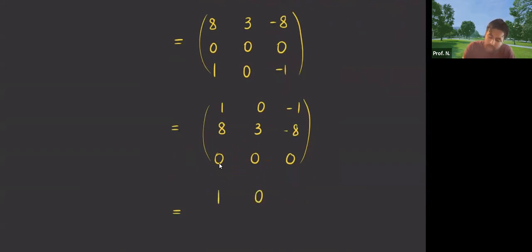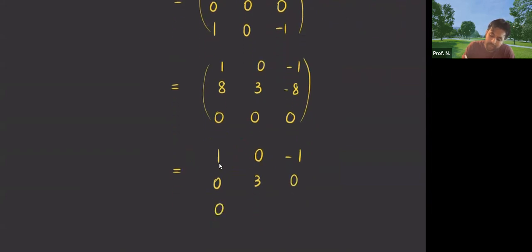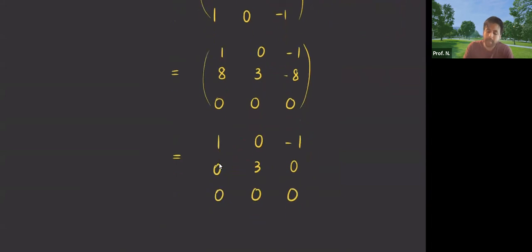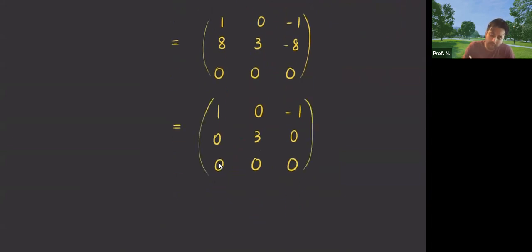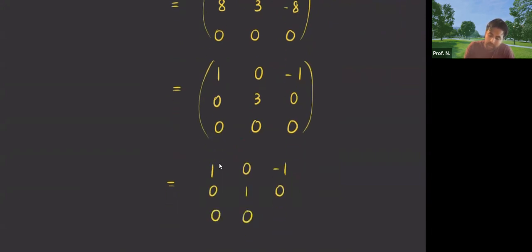So this is 1, 0, -1. This is 0. This will still be 3. And then when I multiply by -8, I get +8 and I get 0. And so when I continue doing this, I get 1, 0, -1, 0, 1, 0, 0, 0, 0.